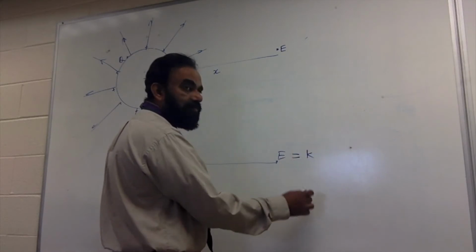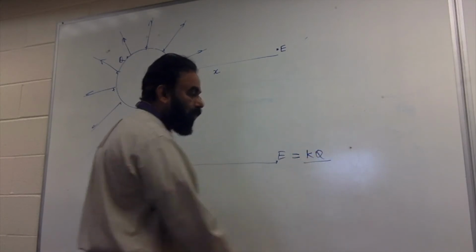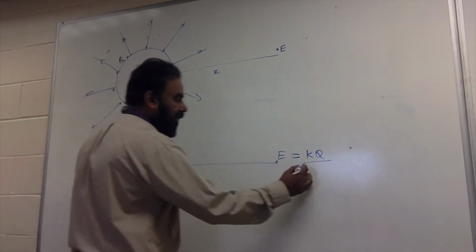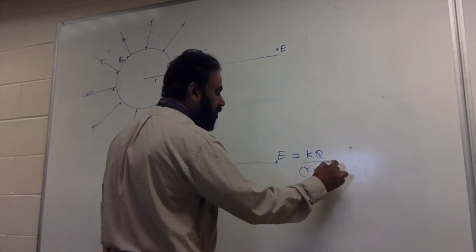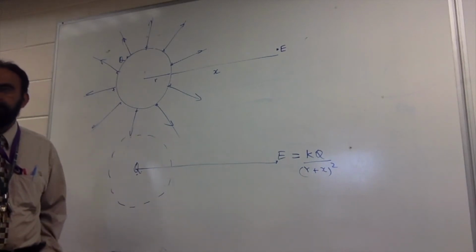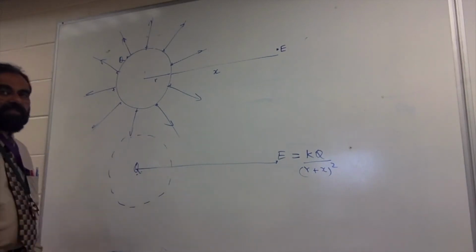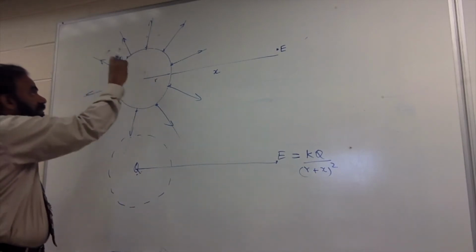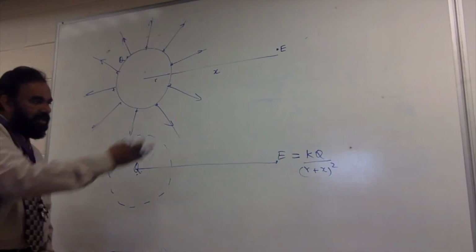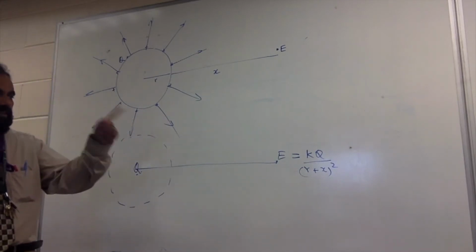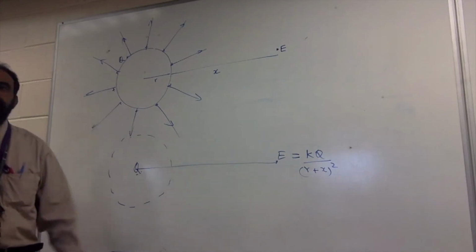K, Q, over R plus X, squared. That's going to be the electric field at that spot. All you do is, don't worry about the sphere. Consider everything to be concentrated right in the middle, and just use the normal formula that you have been working with. The electric field is K Q over (R plus X) squared.